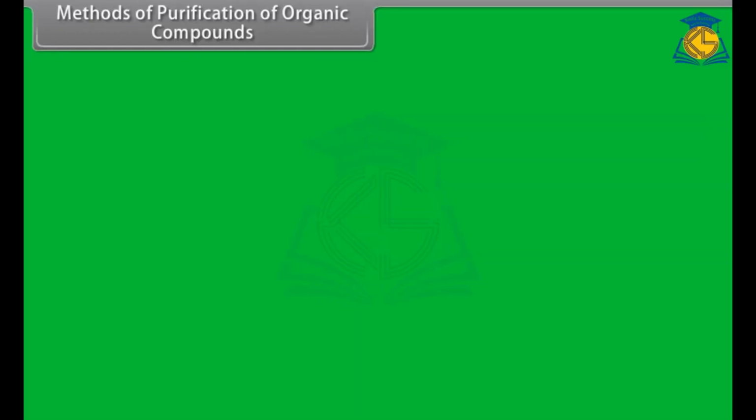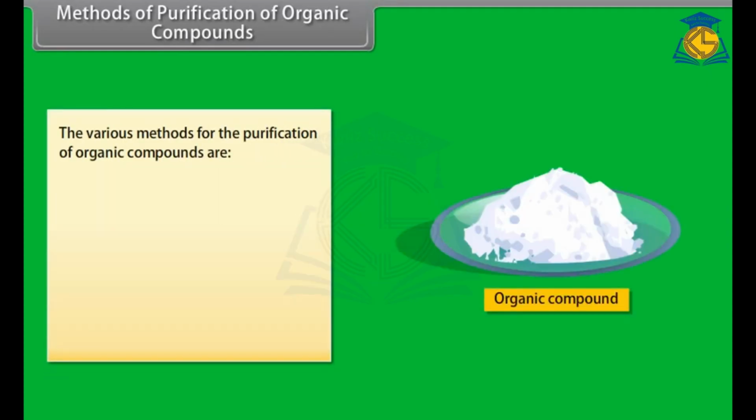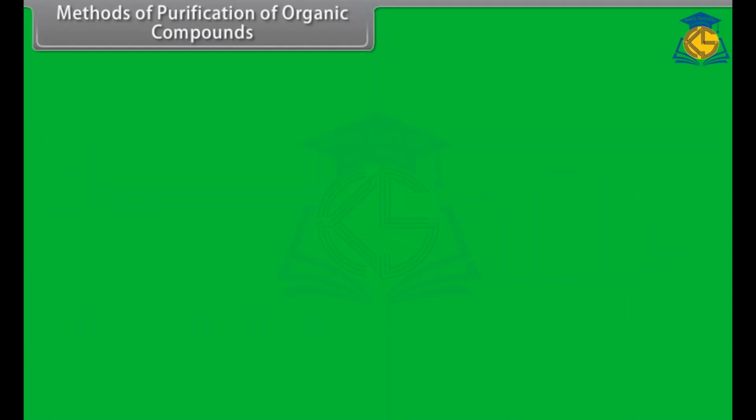Methods of purification of organic compounds: the various methods for the purification of organic compounds are sublimation, crystallization, distillation, differential extraction, and chromatography.